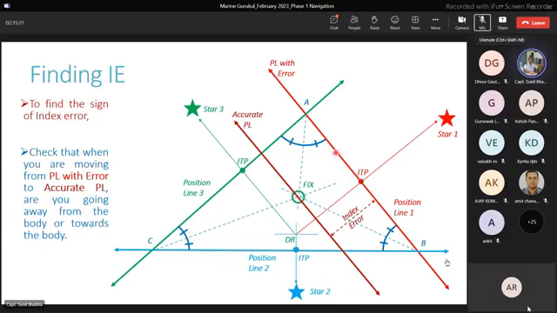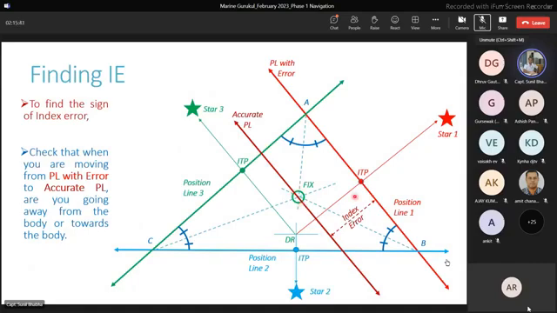The accurate PL is the maroon color position line because it is the PL which is passing exactly from the fix. That's how the position line should be if it is accurately calculated.